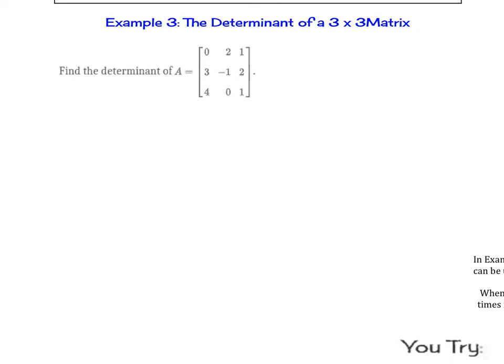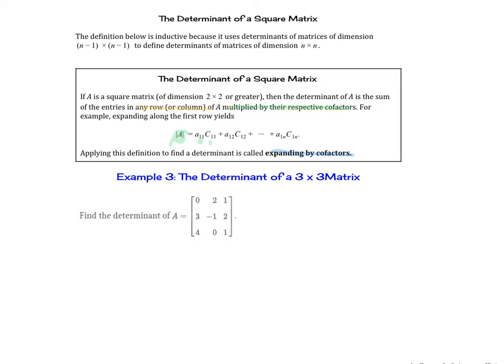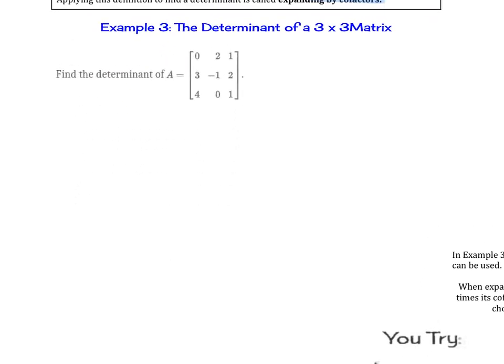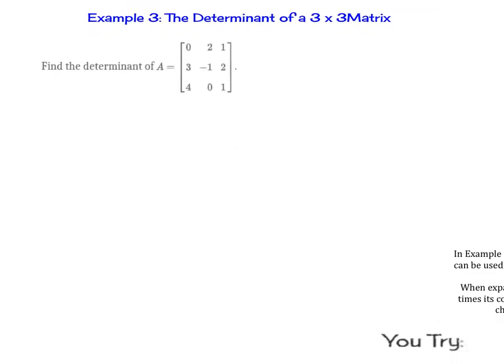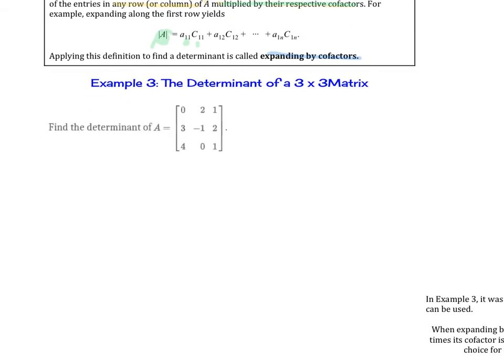So I'm going to go for the first example, and the first example has to do with expanding by cofactors. We need to find the determinant of A. And so how to find that using this formula is that the determinant of A is going to be A11 times C11 plus A12 times C12 plus A13 times a cofactor 1, 3.